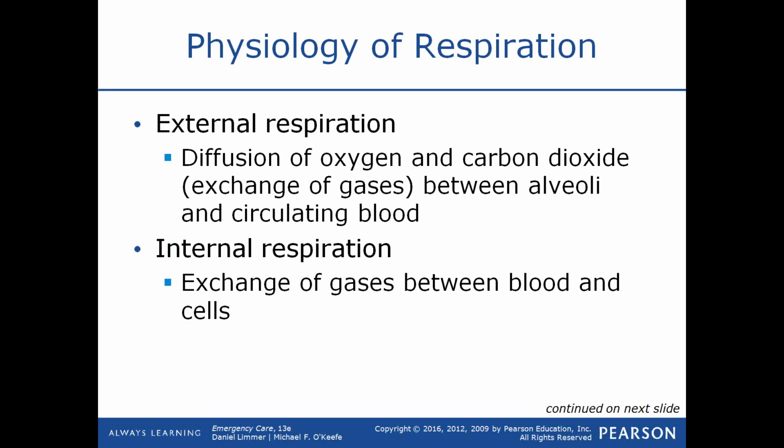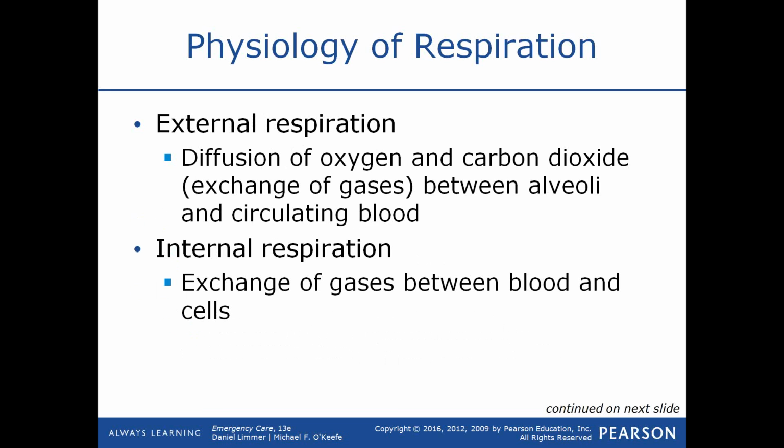Anything that prevents the chest from rising or prevents inhalation is going to affect respiration. Anything that puts a distance between the alveoli and the capillary, like pneumonia, like blood, anything that puts a distance between those capillaries and the alveoli will affect respiration.